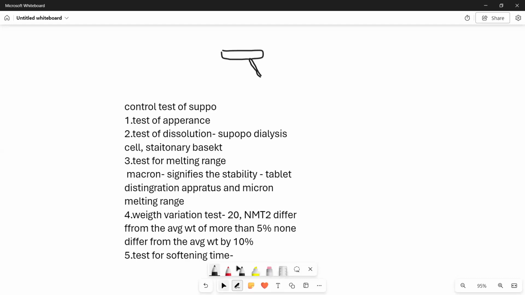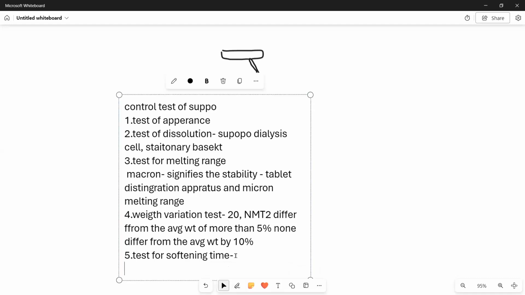The sixth test which is performed is the test for physical strength, or breaking test, which is also known as the breaking test.